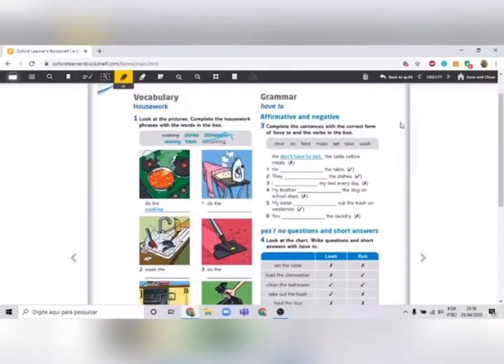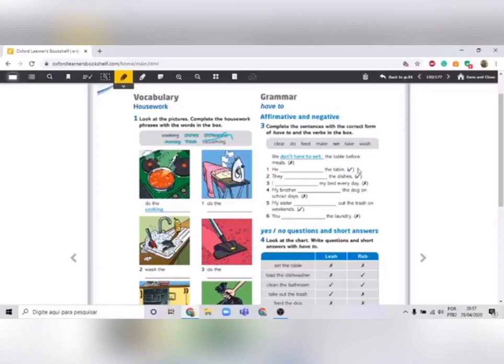Exercise number 3, use have to, affirmative and negative sentences. Complete the sentence with the correct form of have to and the verbs in the box. Okay? So we have the verbs in the gray box and we have to use them to make the sentence.